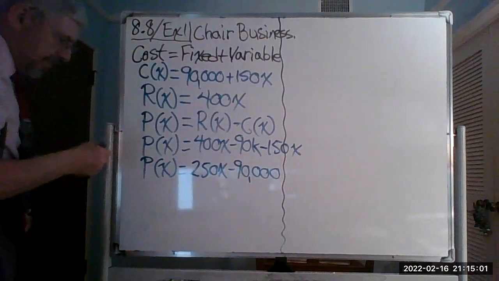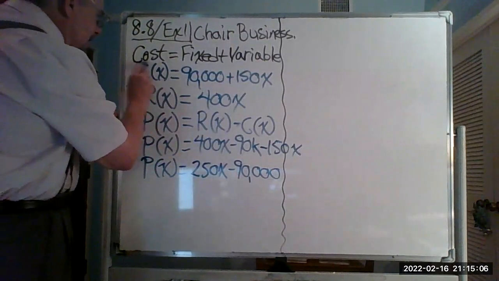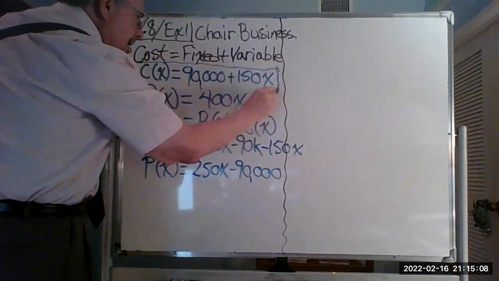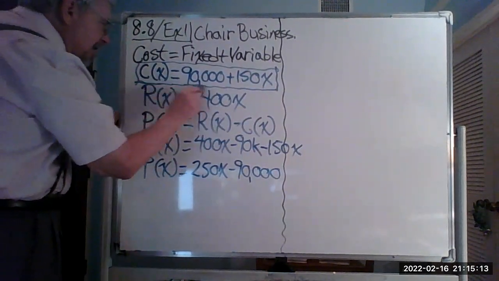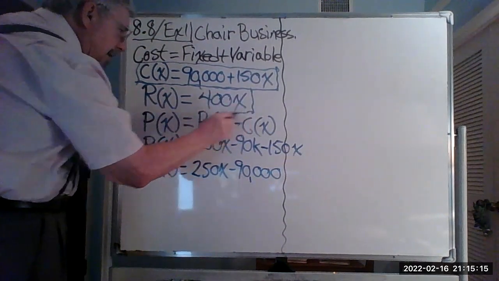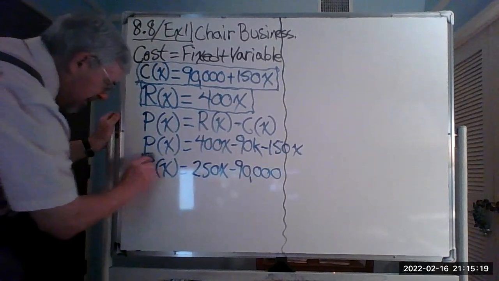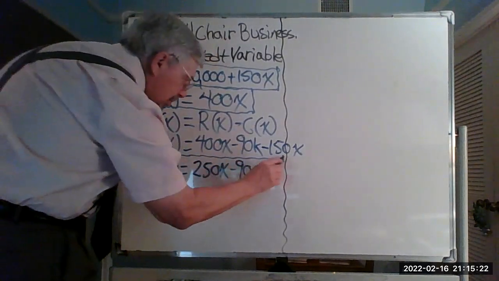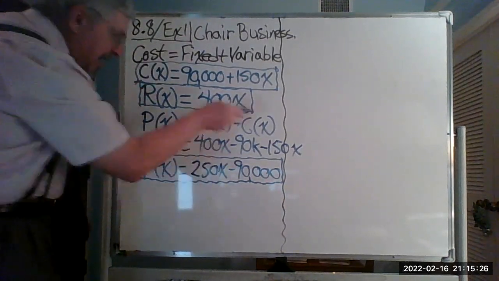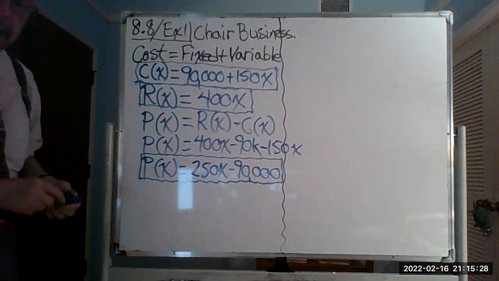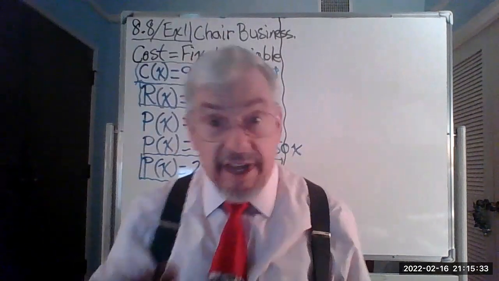Okay. So I have the cost function right here, the revenue function right here, and the profit function right here. The only math involved was right here in calculating the profit function, but you saw how it was all straightforward. So we're keeping everything as simple as possible.